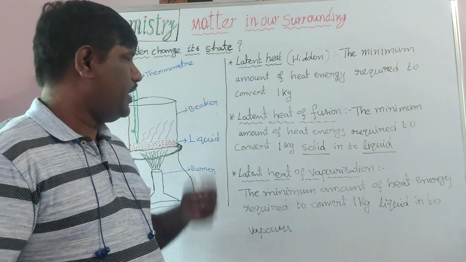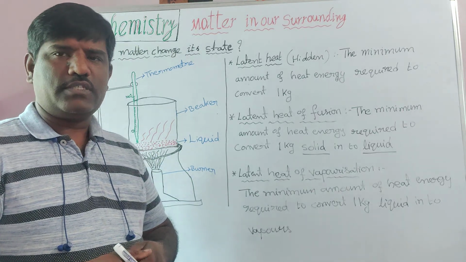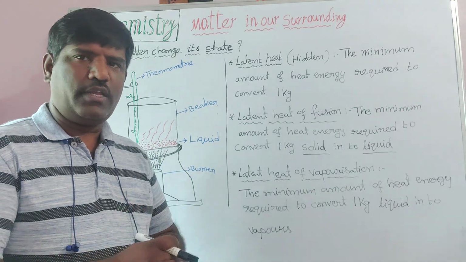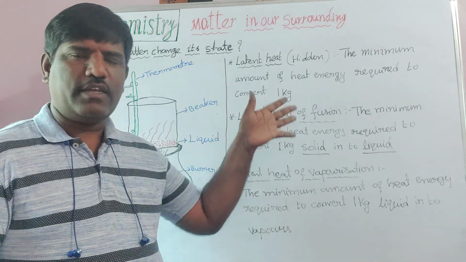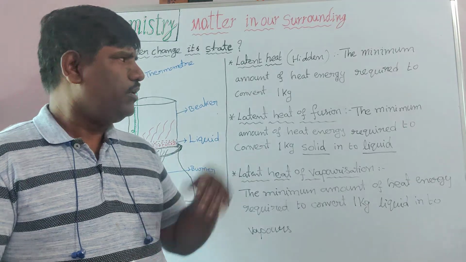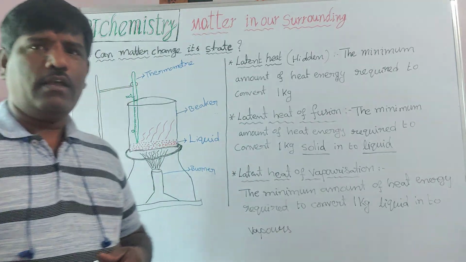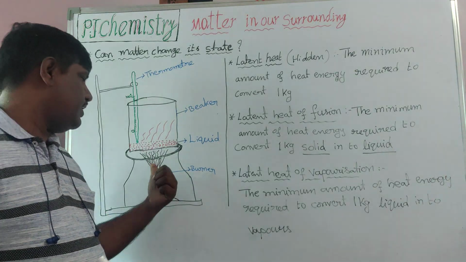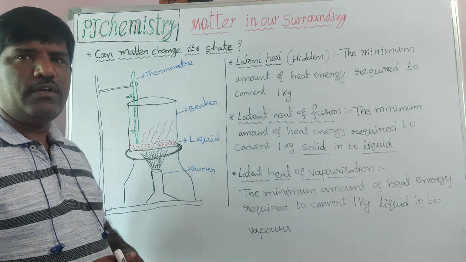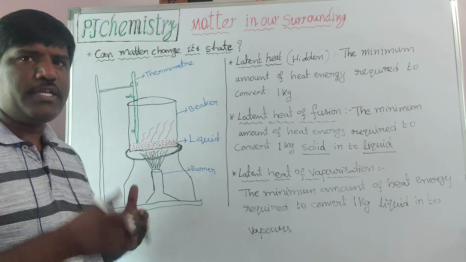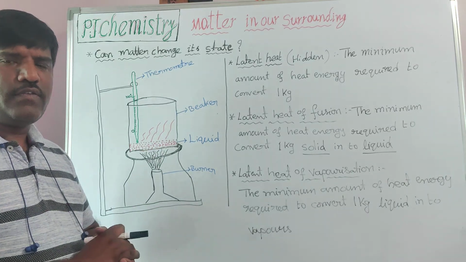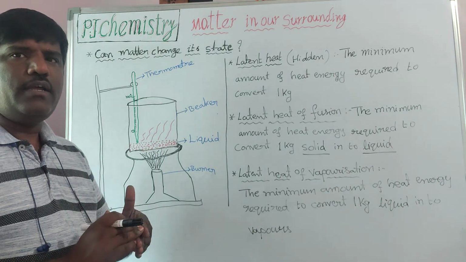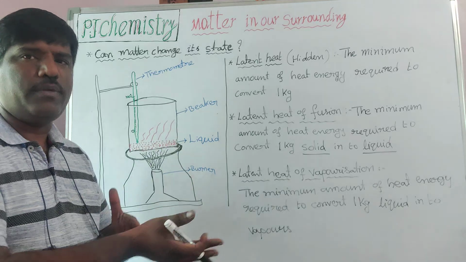Children, today we discussed melting, boiling and latent heat. If you observe all this, what factor affects the conversion? Temperature, heat transferred. So temperature affects converting solid into liquid, liquid into vapors.